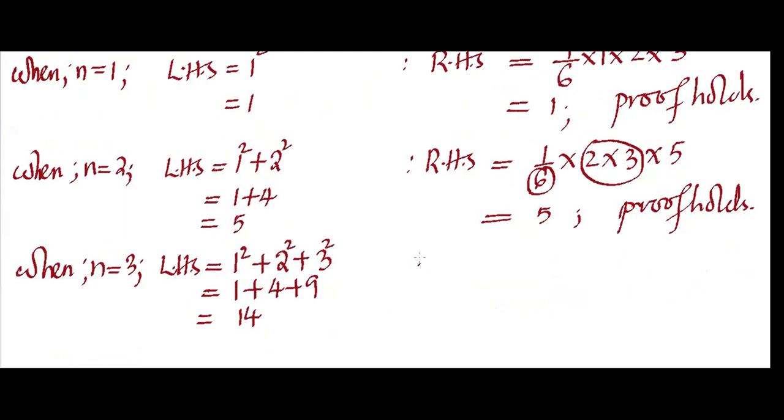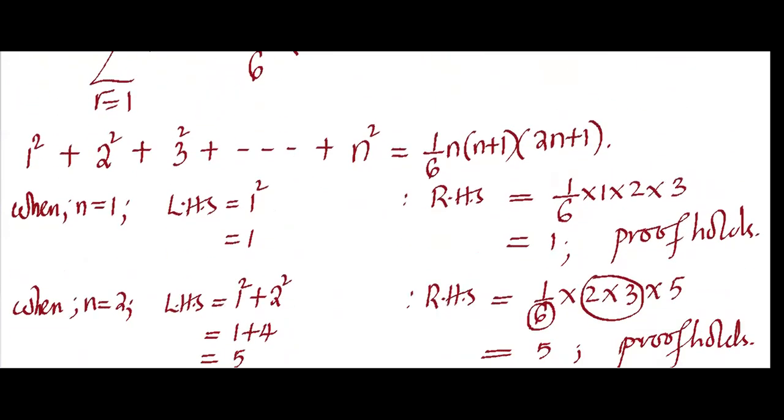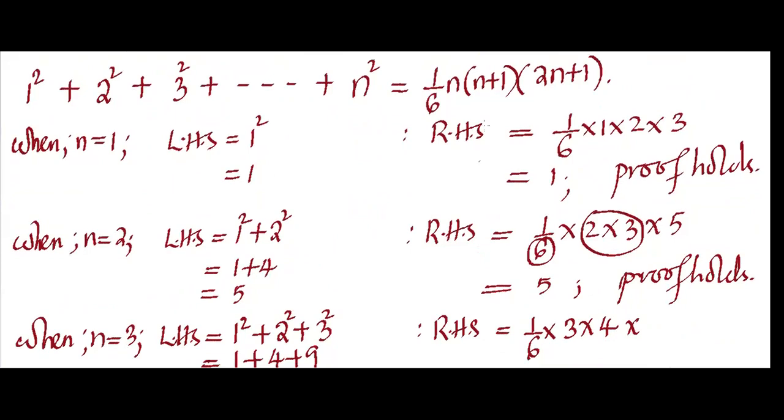Then on the right-hand side, that is 1 over 6 times n, which is 3, times n plus 1, which is 4, times 2n plus 1. 2 times 3 is 6. We are using that expression there. We are feeding in n is 3. n plus 1 gives us a 4. Then 2 times 3 is 6 plus 1.